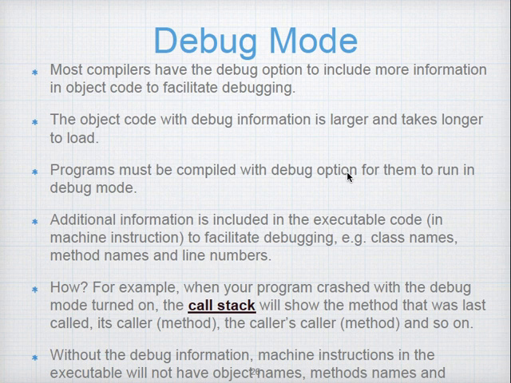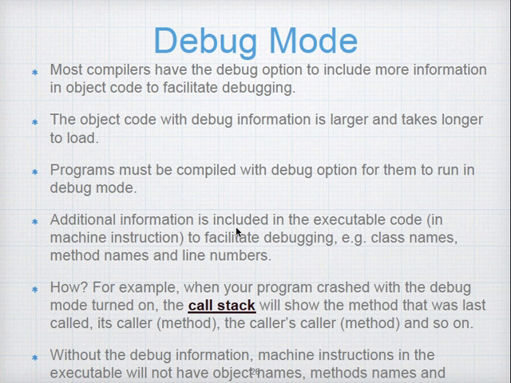Well, if you have debug information, that means your source code, your OO code has object name, class name, method name, line number, this sort of thing. If you compile it with this debug information and the code fails, then the error message you see will show the file name, line number, and so on.